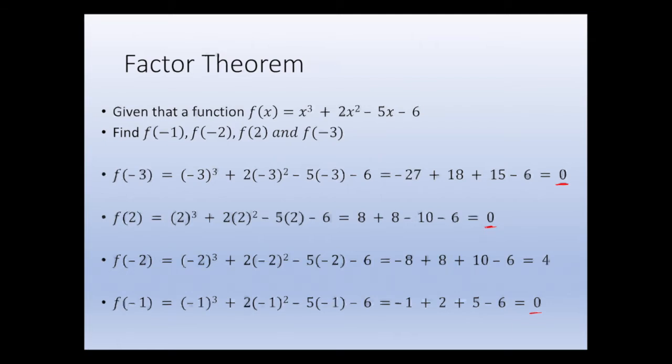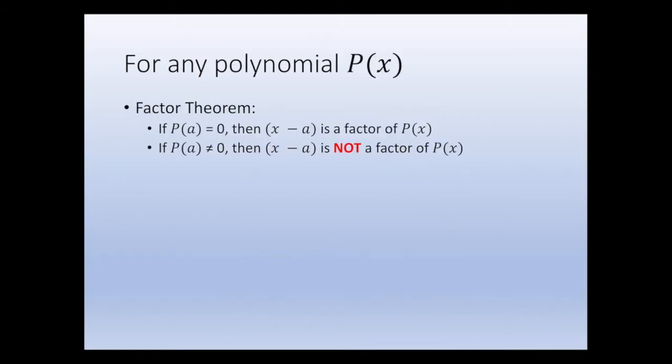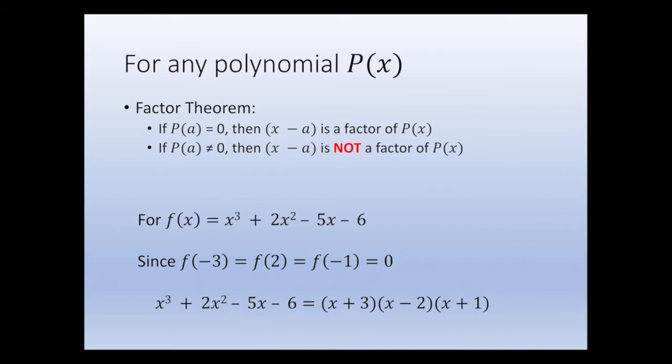So let's go back to the previous slide. f of minus 3 gives you 0. f of 2 gives you 0. f of minus 1 gives you 0. What is this telling me? That this, and this are factors of f(x).